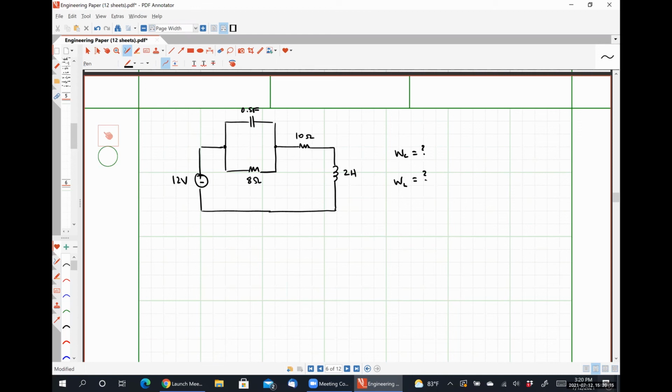All right, so let me ask what I hope to be a simple question first. If I want to know the energy stored in the capacitor, do I need to know the capacitor voltage or the capacitor current?